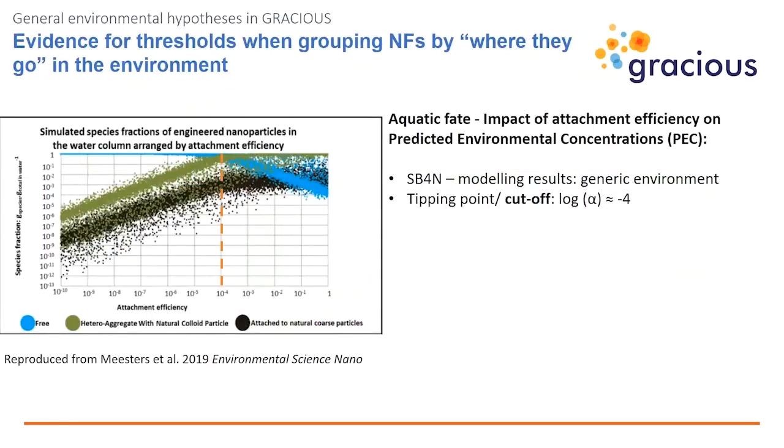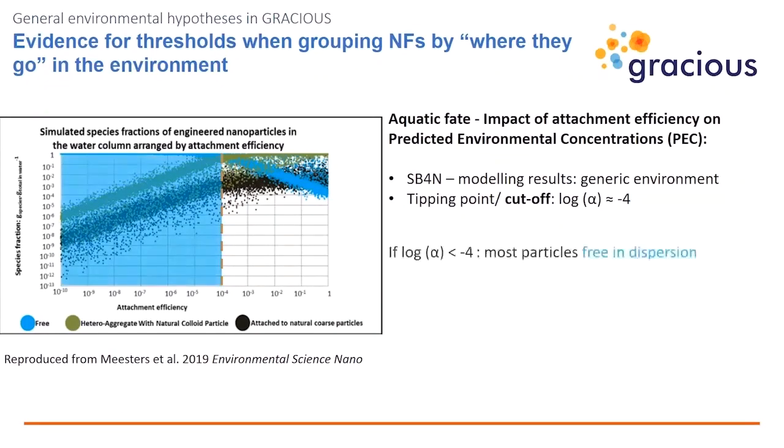Now, to quantify the cutoffs and thresholds that are required for dissolution rate and attachment efficiency in this hypothesis, work by Meesters, published in 2019, did a sensitivity analysis for the SimpleBox4Nano model, modeling nanoparticle stability in this generic aquatic environment. And it identified a threshold of around 10 to the minus 4 for attachment efficiency.